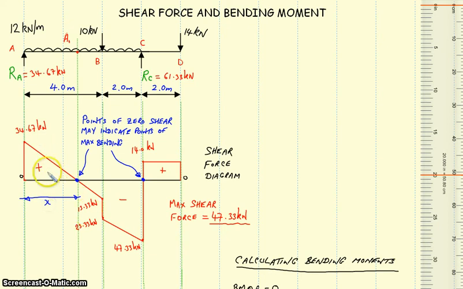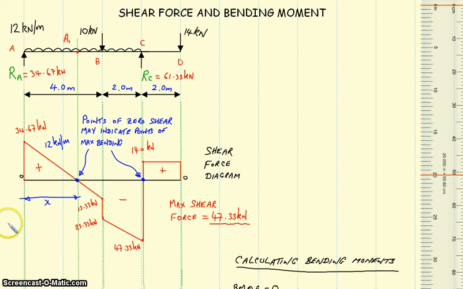That distance is very easily found by taking the height that we're actually up here, or the amount of force that we've been pushed up to, 34.67 kilonewtons, and dividing that by the gradient or the slope of this line. We know the slope of this line because we were pushed down by 12 kilonewtons per meter as we travelled along here. So the slope of this line must be 12 kilonewtons per meter.